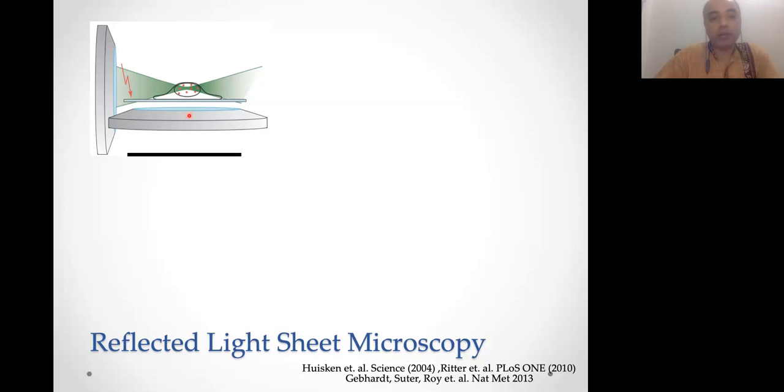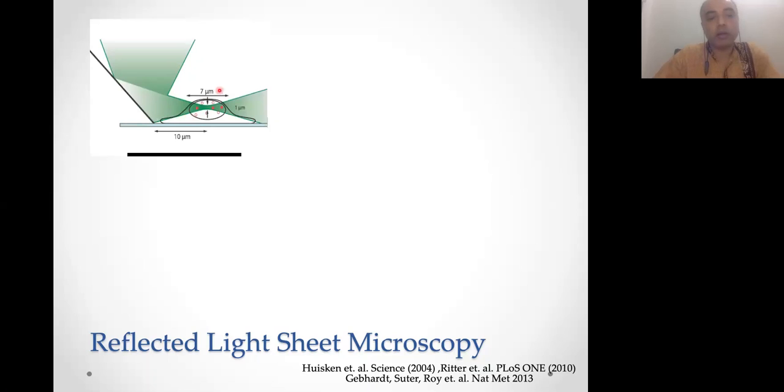So what people did was use this reflected light sheet. This is acting as a small mirror for the cell. This is usually an AFM tip that has been coated to act as a mirror. The laser comes from the top and then is reflected into the cell.